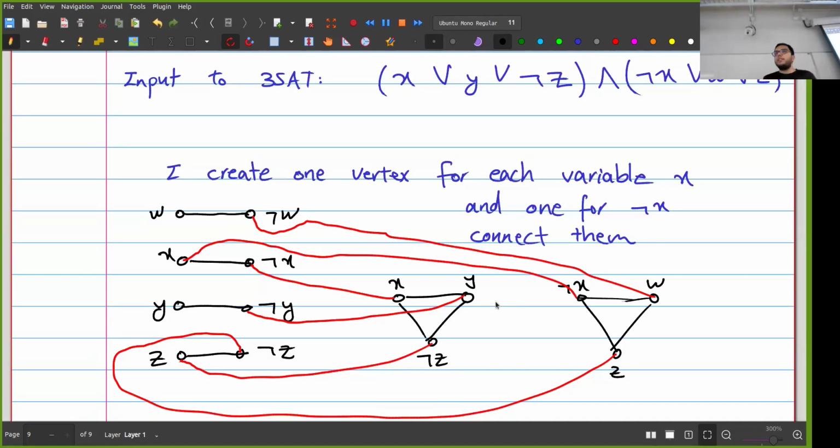What does that mean? That means that I have an assignment to these variables such that this 3-SAT formula will be satisfied. Now I come here, and on this left side of my graph, I take all the variables that were set to true. I take those vertices into my independent set. And then for every clause, I just find one of the variables in that clause that is set to true, and there is at least one variable because the clause is satisfied, and I add that to my independent set as well.